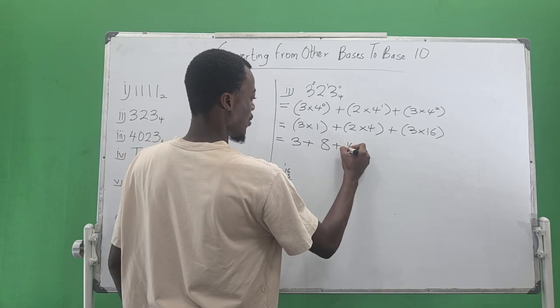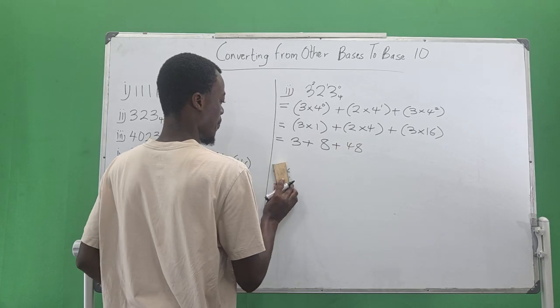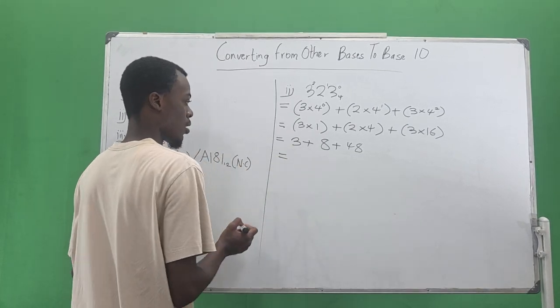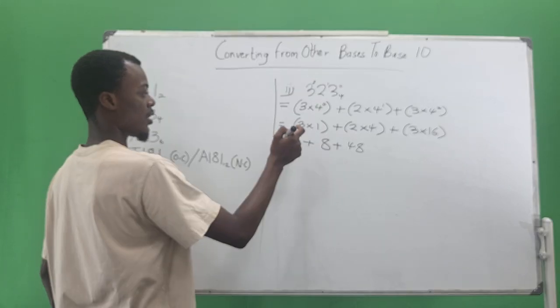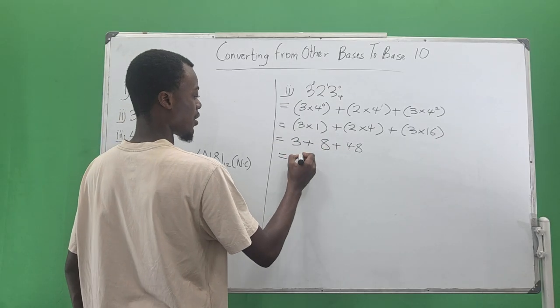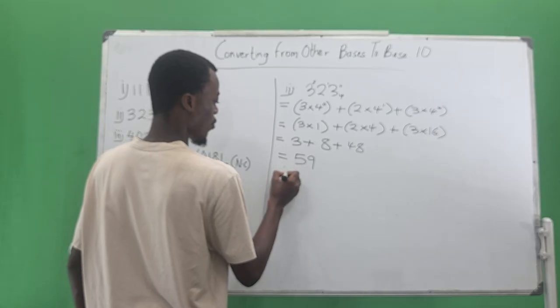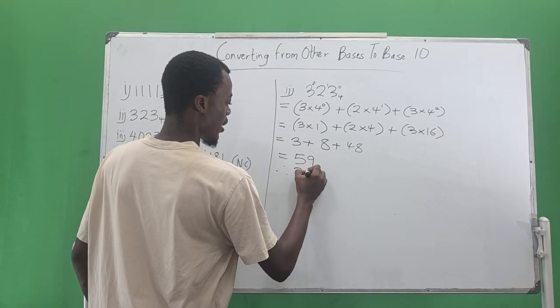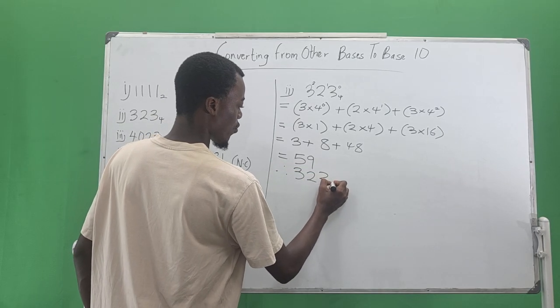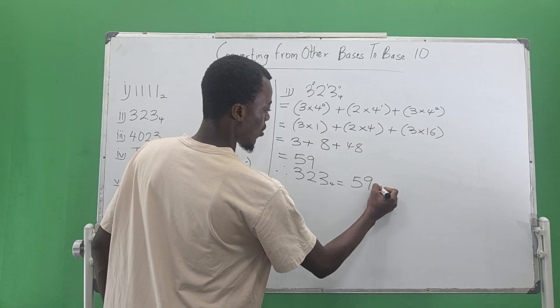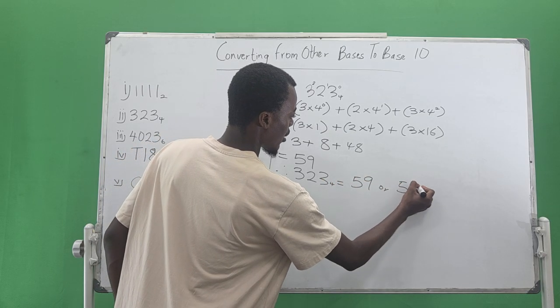So this is the same as 3 plus 8 plus 48, which is 59. Therefore, 323 base 4 is equal to 59 base 10.